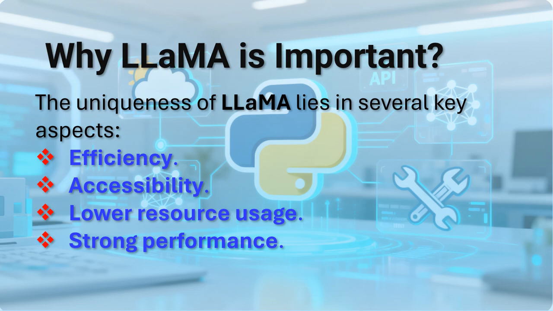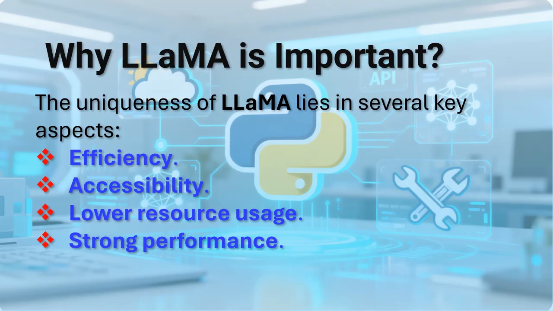Why is Llama important? The importance of Llama comes from several key features. First, the model is known for its efficiency, meaning it can perform many tasks quickly and effectively. It is also recognized for its accessibility, allowing more researchers, developers, and users to explore and use this technology.